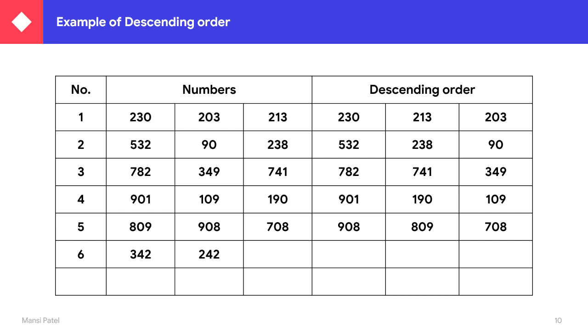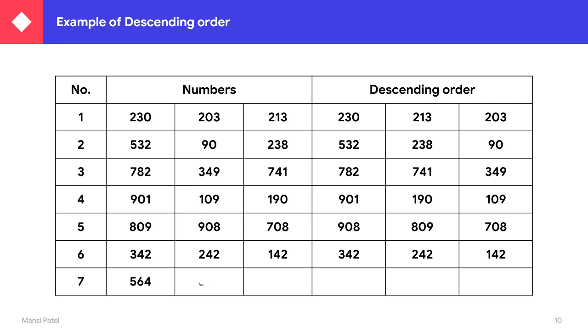Sixth number: 342, 242, 142. See here, the number of digits is the same, and these numbers are already in descending order, because here we write the largest number first and then move to the smallest number. So you have to write down these numbers as they are: 342, 242 and 142.